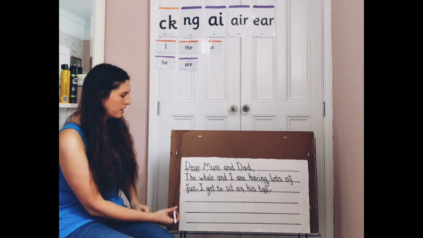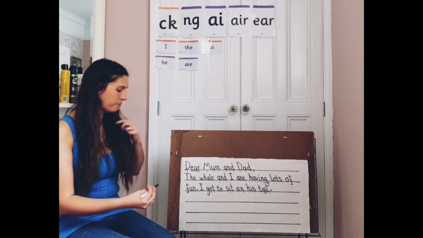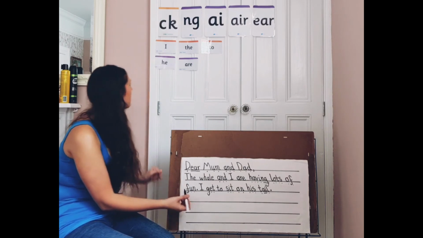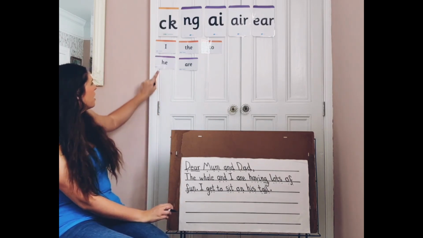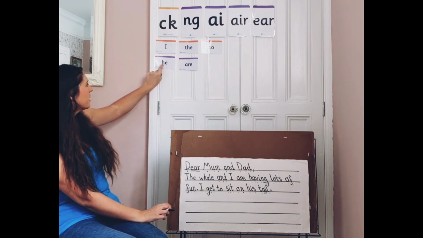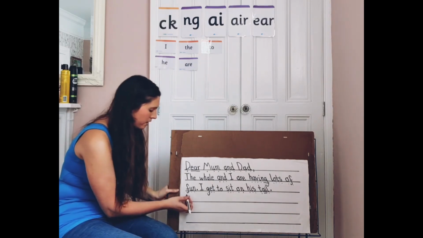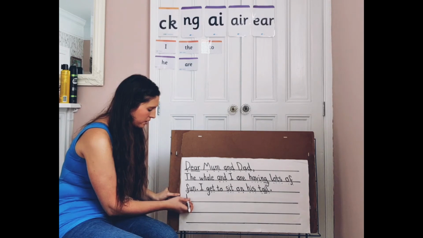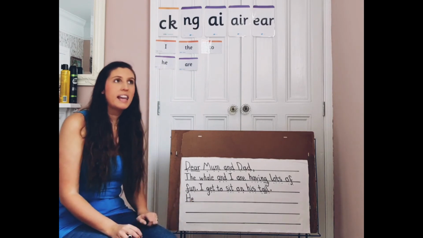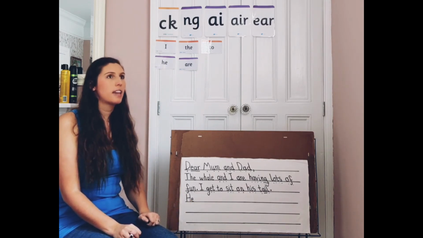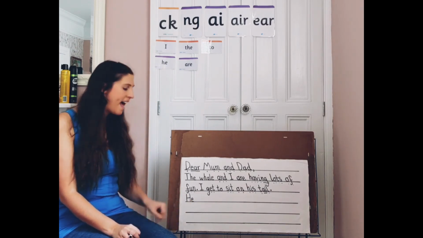We're going to start with a capital H because it's the beginning of my sentence. So the word he is a tricky word. This is it here. He. And then capital H because it's the start of the sentence.